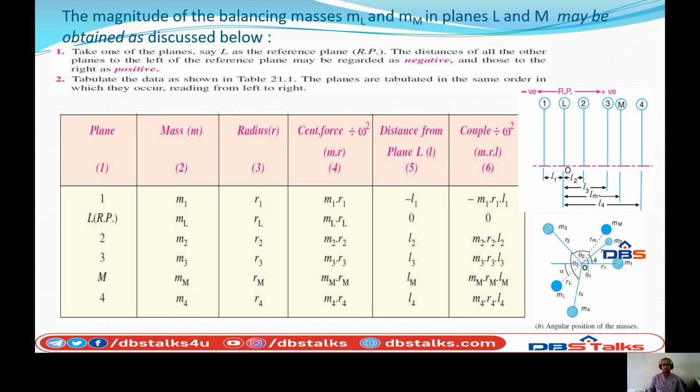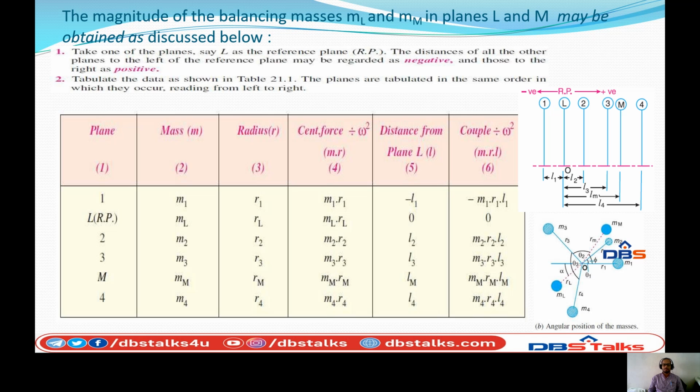Then plane 2 is kept at a distance L2 from the reference, on the positive side, that means the right side, so we keep positive L2 or simply L2. In the same way L3, LM, L4. And what is the couple? Force into distance.